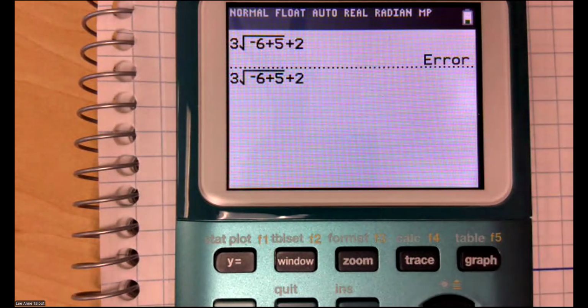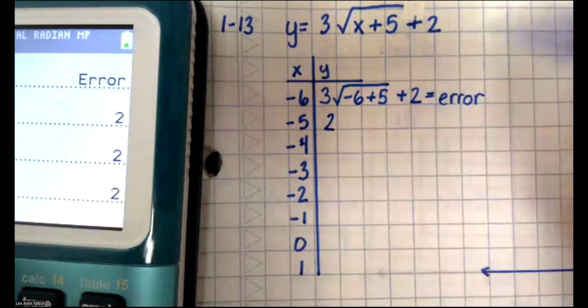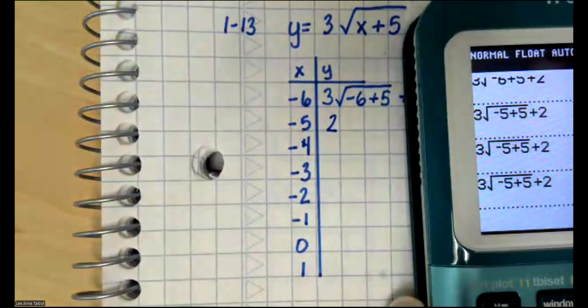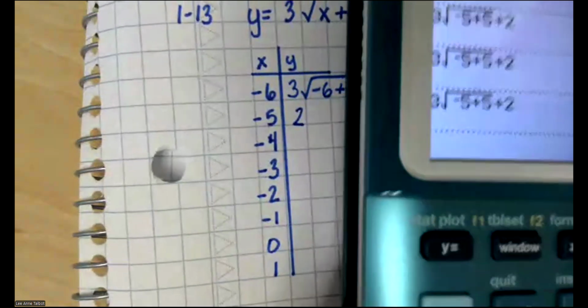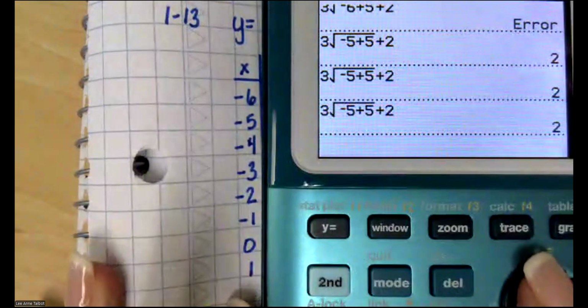Because we are just the laziest people ever, we can scroll back into it and change it to a 5.